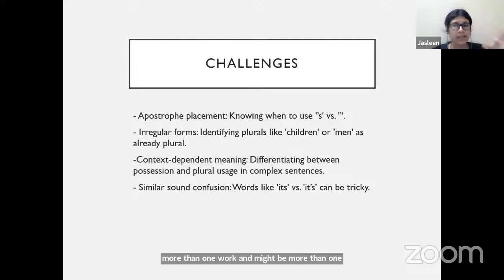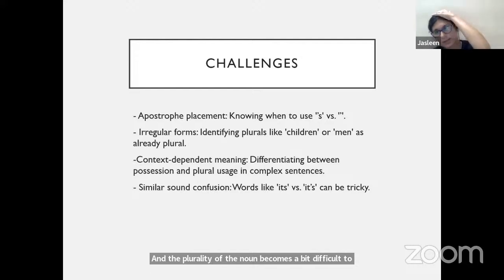In a complex sentence, it is sometimes difficult to figure out, as there are two nouns, where you have to give the possessiveness and the plurality of the noun. It becomes a bit difficult to identify. So you have to be very careful with that, especially in complex sentences.